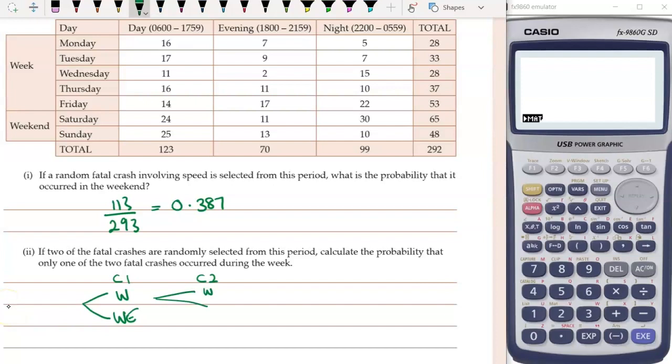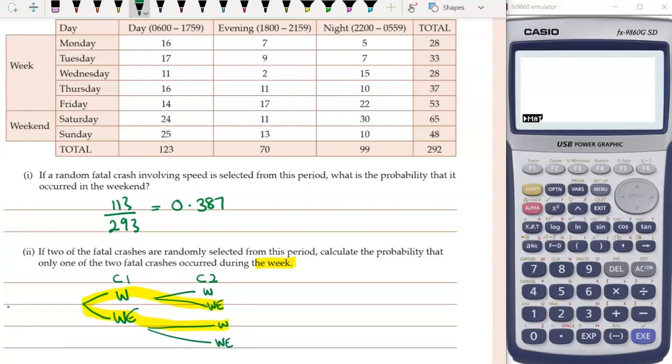It could be in the week or it could be in the weekend after we've picked the first one. Now the 2 branches of that we want would give just one that occurred during the week. So if we get the first one as the week, we want the second one on the weekend. If the first one was the weekend, we want the second one in the week.